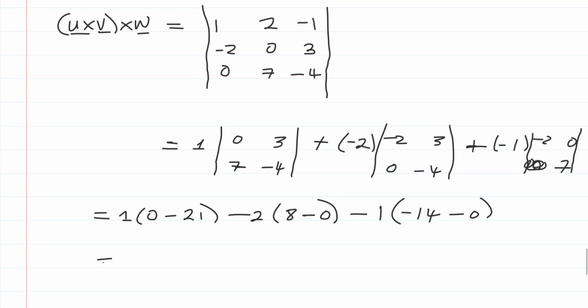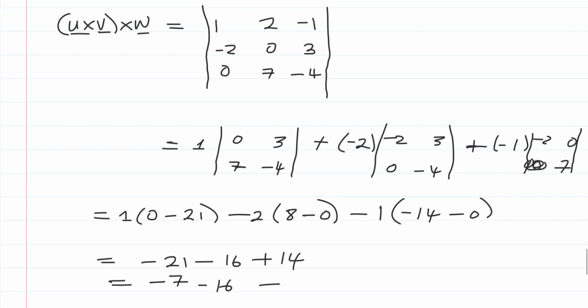So this is going to give us -21 there, minus 2 times 8, we have 16. Then minus 1 times -14, so that's plus 14. So minus 21 plus 14, that's -7.